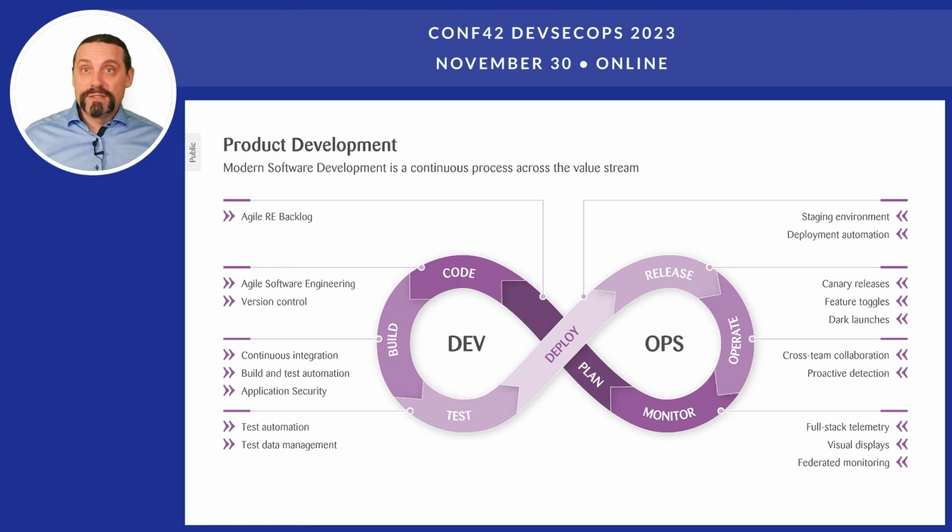This brings us to the operate, where we want to have cross-team collaboration, so that we really, across the team, work together in resolving problems. And we need to have proactive detection, which means we want to find the problems before our customers do.